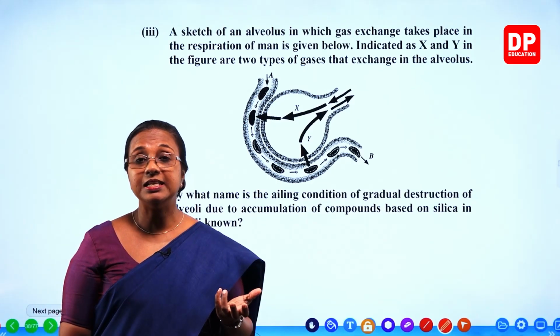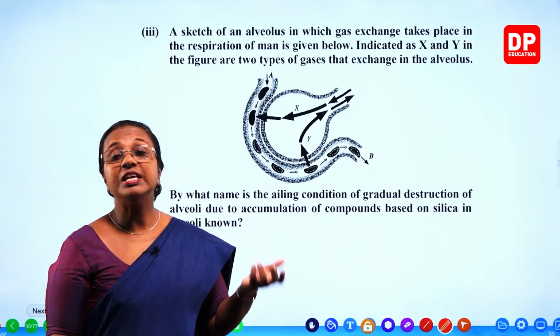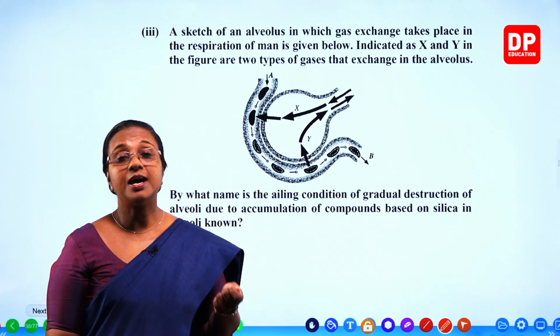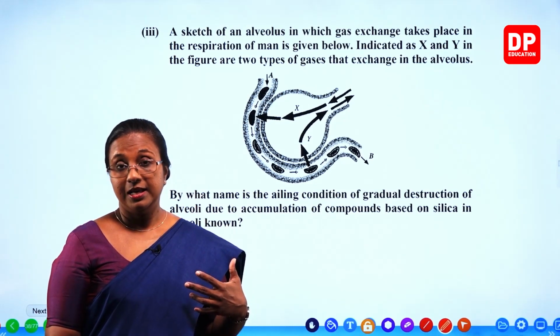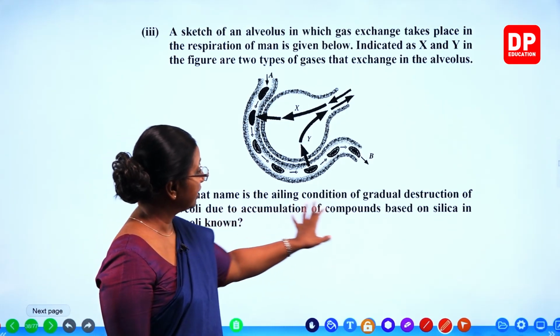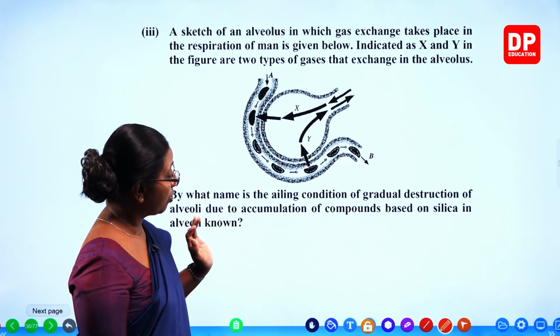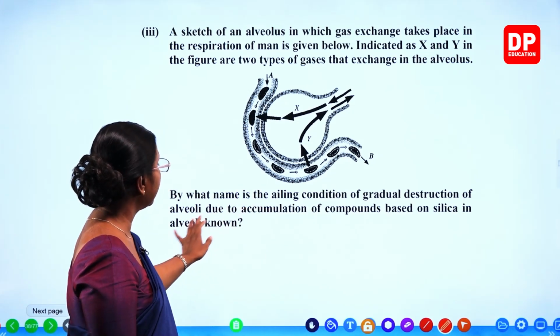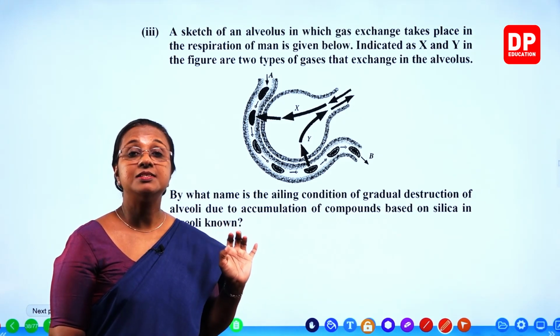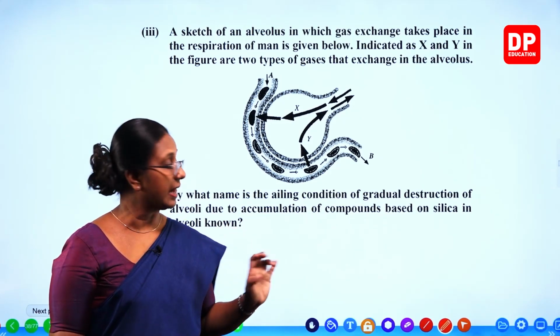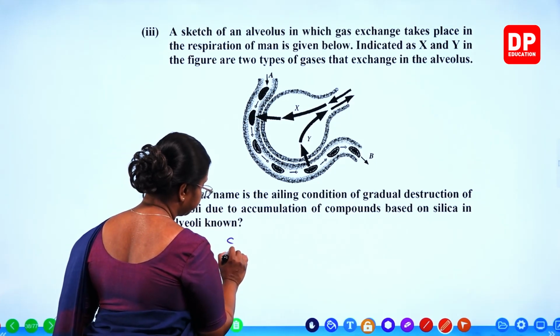Now there are certain industries that use silicon, where there is silica dust. When the silica dust is inhaled, they actually cause a defect or destruct the alveoli. This condition is known as silicosis. You can remember that. Silicosis.